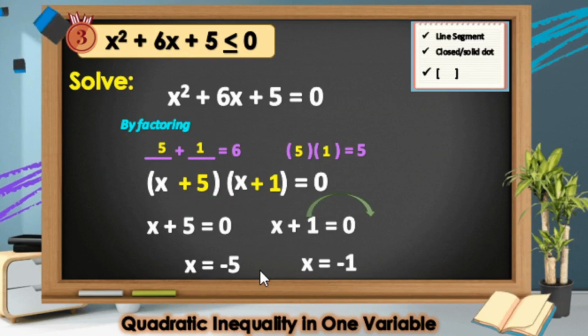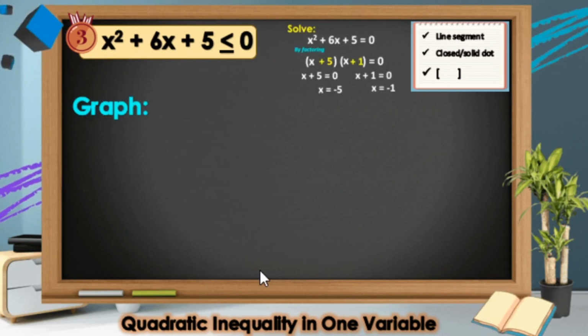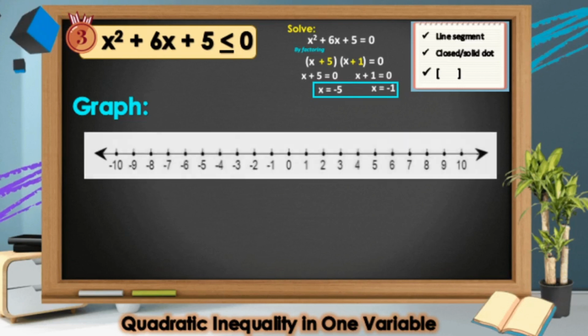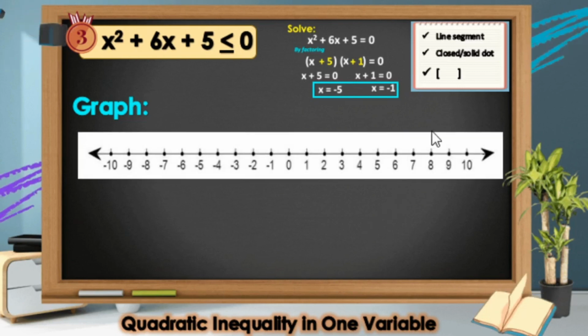So, therefore, si negative 5 and negative 1 ang ating i-graph or ipa-plot natin sa ating number line. So, we have negative 5 and negative 1. They should be close dot. So, may shade yung bilog natin.